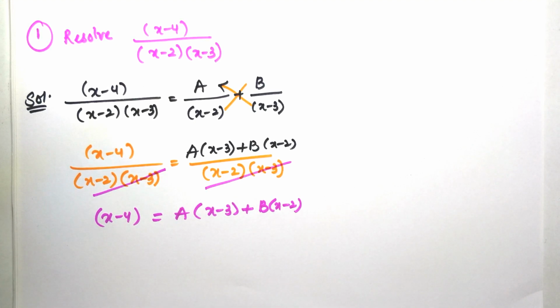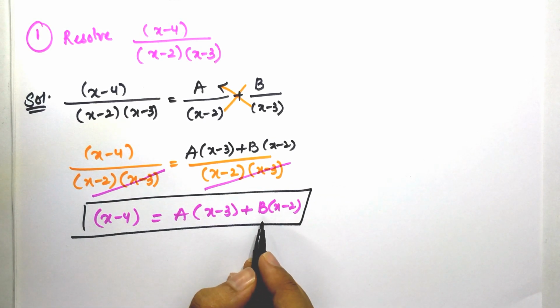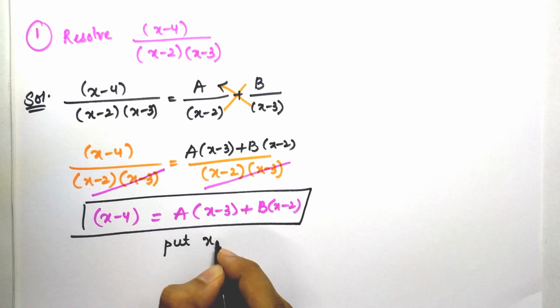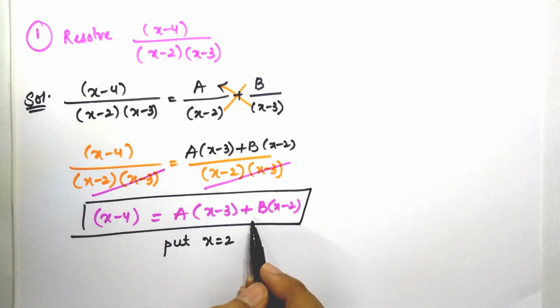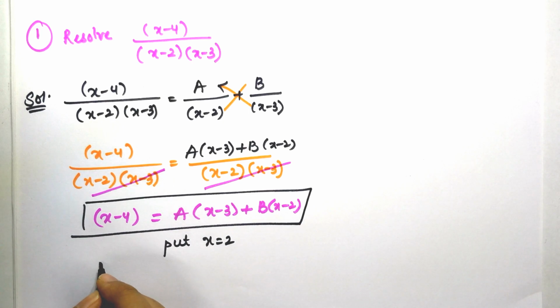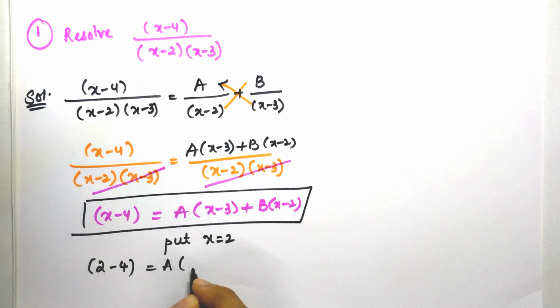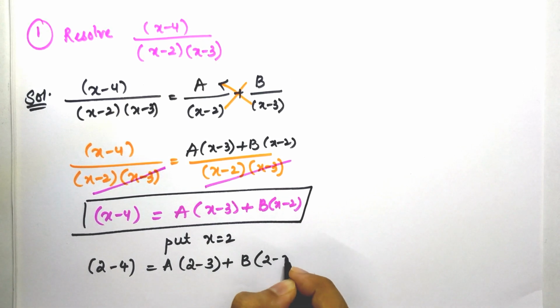As this equation contains two unknowns, to find the value of a, the equation should not contain b. So to cancel out b, I'll take the value of x as 2, because look here, the moment I write x as 2, 2 minus 2 becomes 0 and b goes off. So 2 minus 4 is equal to a into (2 minus 3) plus b into (2 minus 2).